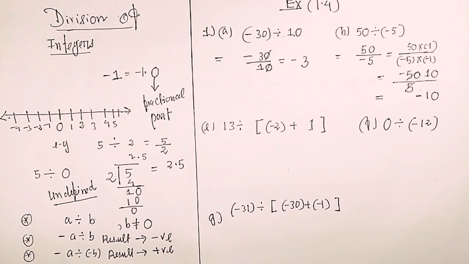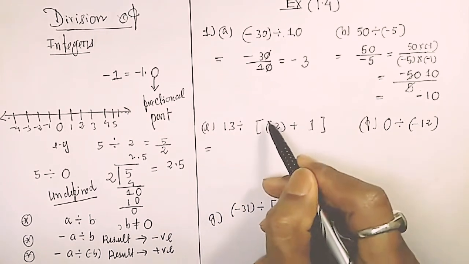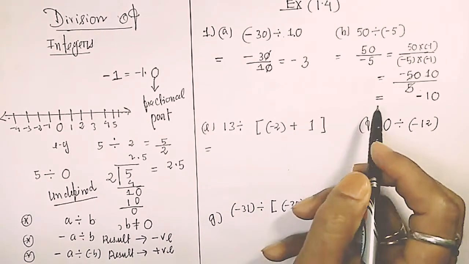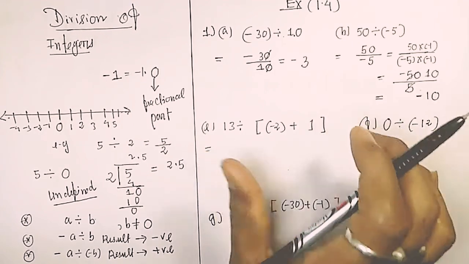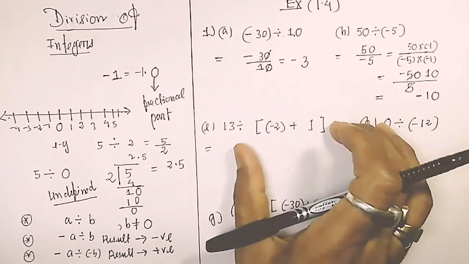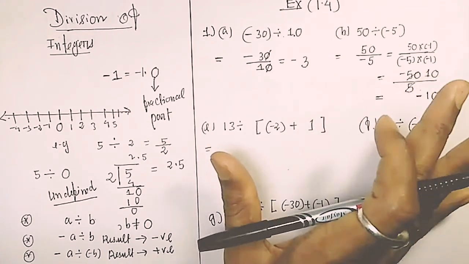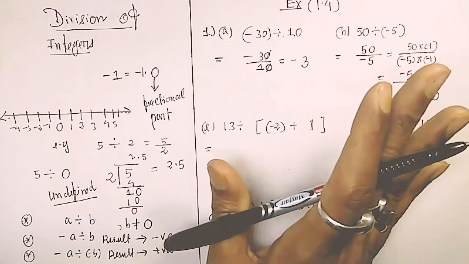So let's move to the next one. 13 divided by the third bracket minus 2 plus 1. In this type of question, what is the key point you should remember? Whatever is given inside the bracket, we should do the simplification for that part. This is the key point.